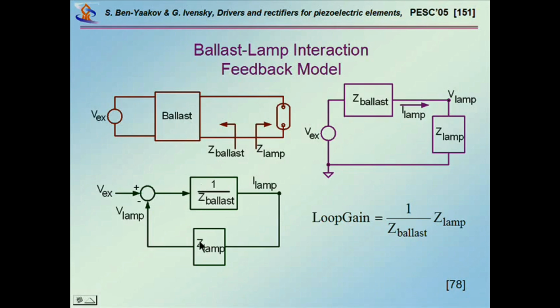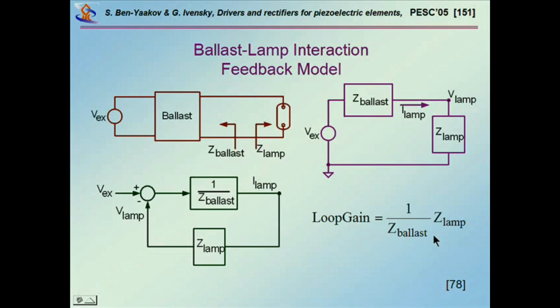And we know that for this feedback to be stable, we have to look at the loop gain. This is the product of this times this. If we look at the loop gain, that is the impedance of the lamp divided by the impedance of the ballast, we have the key for analyzing this circuit and knowing whether it will be stable or not.